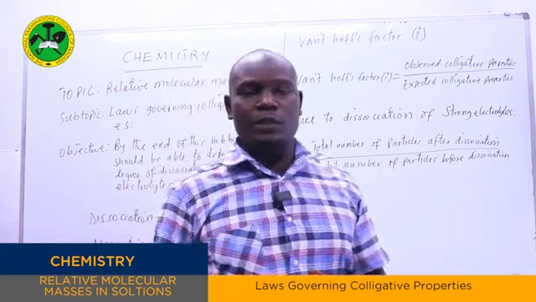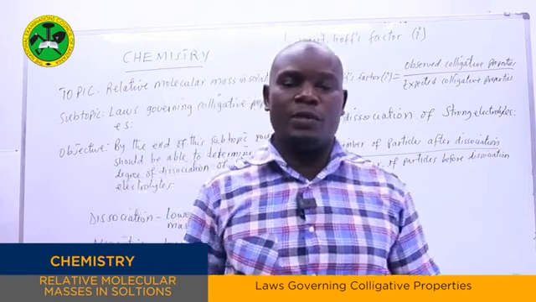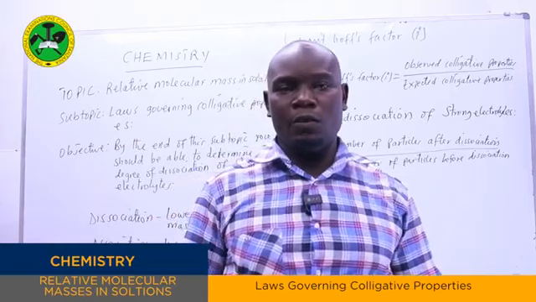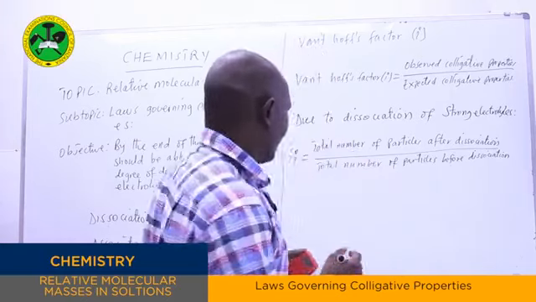So now let us consider that you have a strong electrolyte AB with a degree of dissociation alpha.